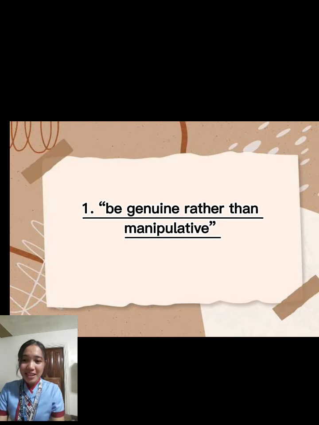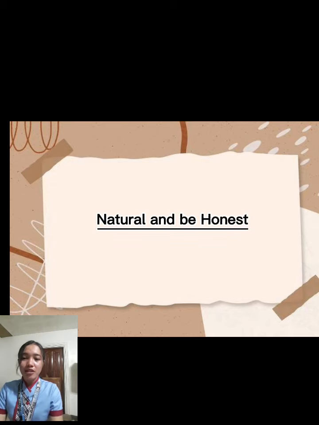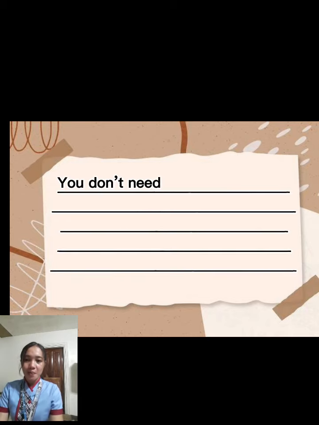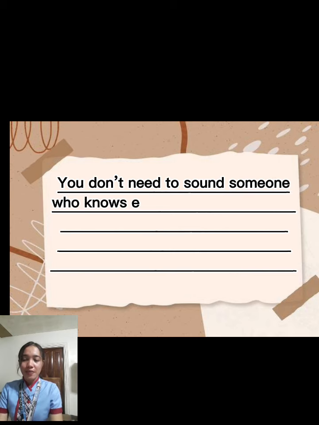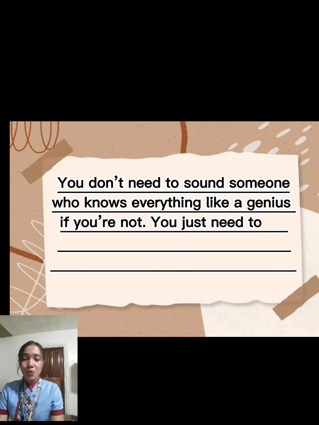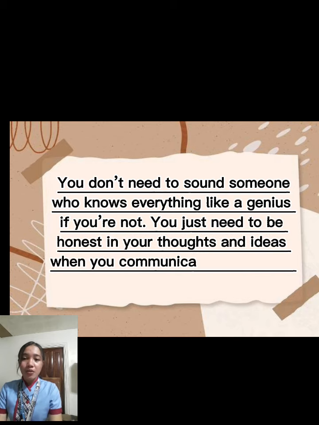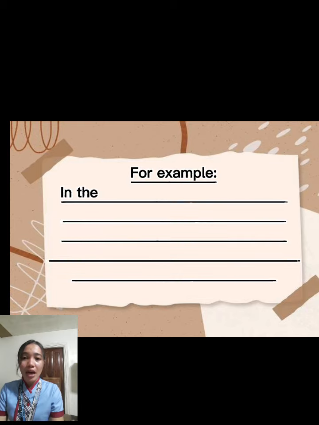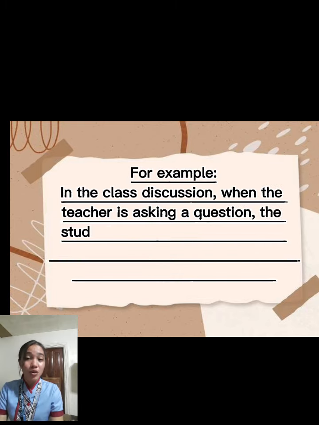Now let us proceed to the strategies as applied in teaching. In verbal communication, based on research, there are 4 strategies. The first one is be genuine rather than manipulative. If you are communicating to someone, you need to be natural, be honest, or be yourself. You don't need to sound like someone who knows everything, like a genius, if you're not.